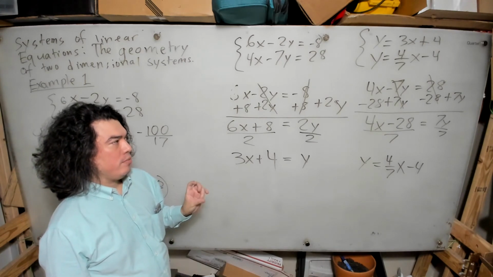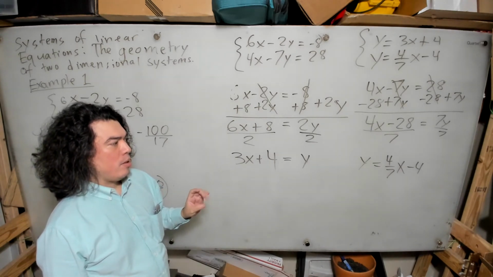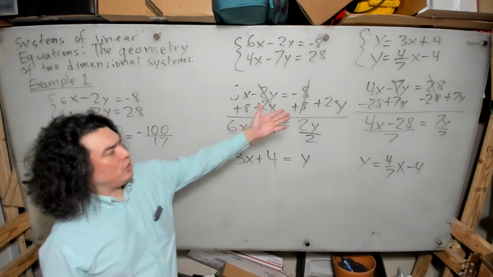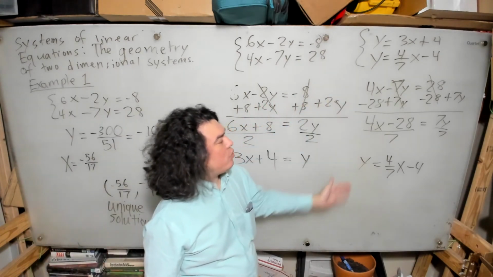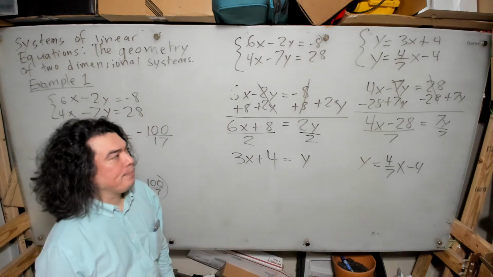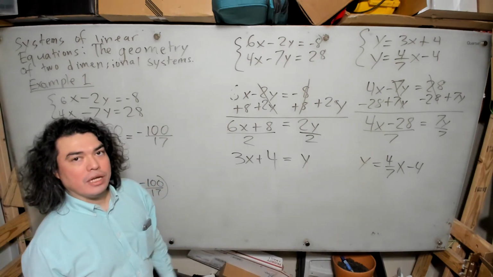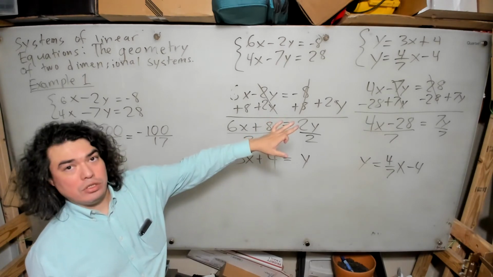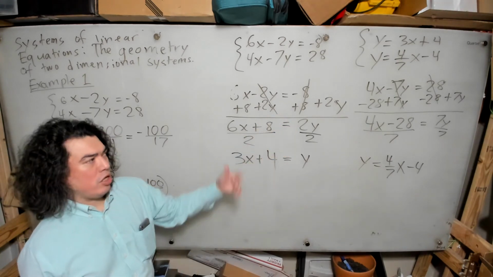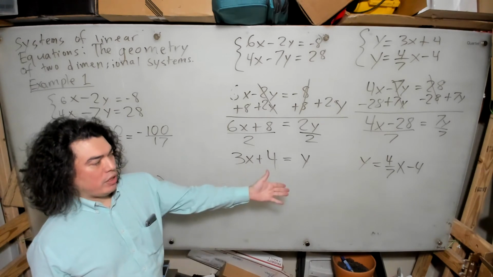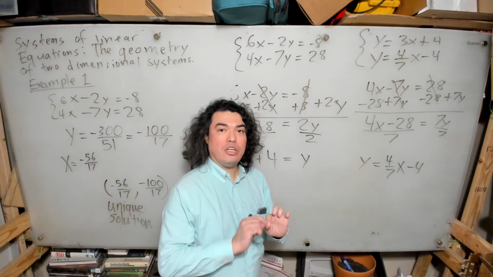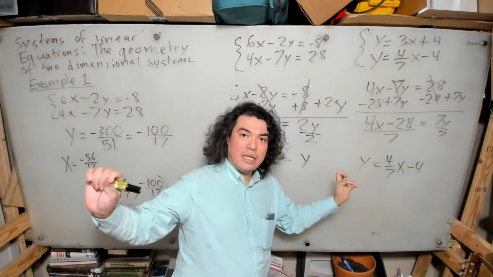Because I used the rules of algebra and the rules of arithmetic to transform this equation into this equation, they still represent the same line. And if you want proof of that, you can plug in two values of x in the original equation to get the 2 points, with the associated y values. If you do that with this, you'll get the same 2 points. And in geometry, through any 2 points, there is exactly one line.